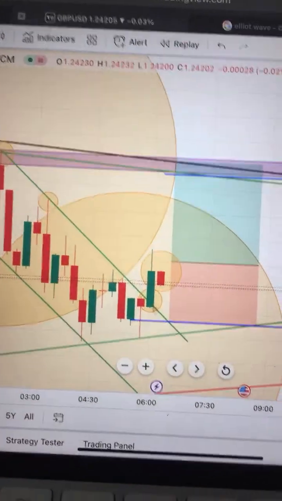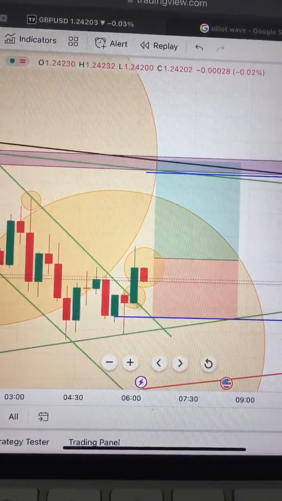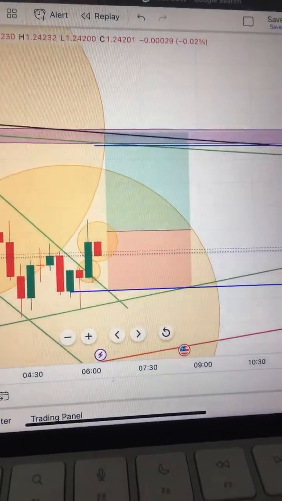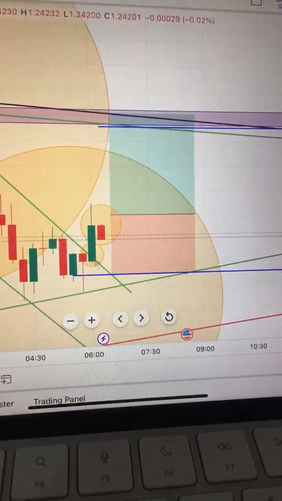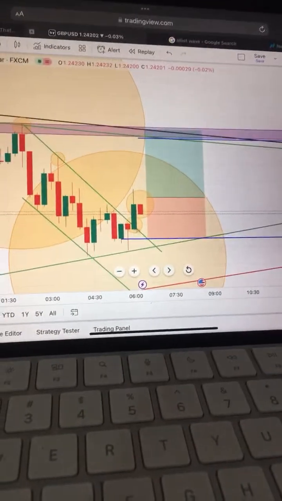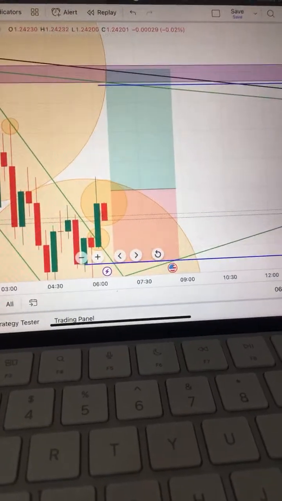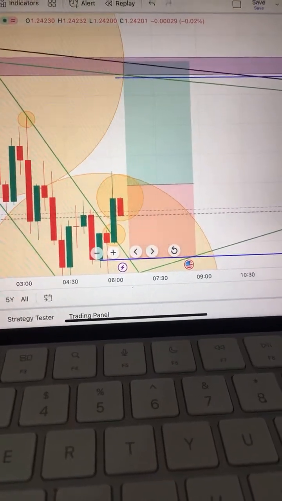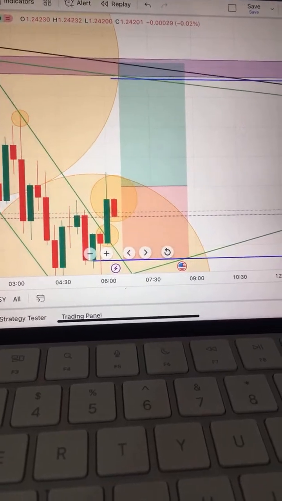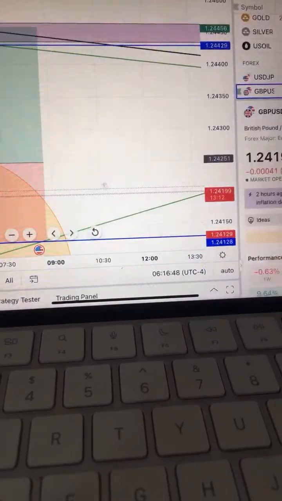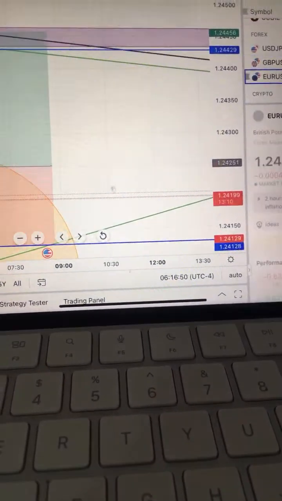So right now I have to wait. That means I have to wait for this Gbpusd. So while I'm waiting and my trade is running, I have to check other currencies.